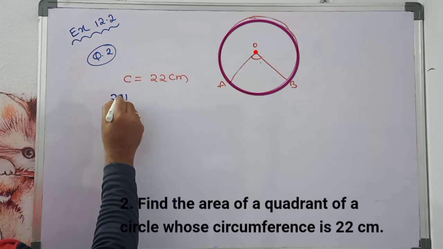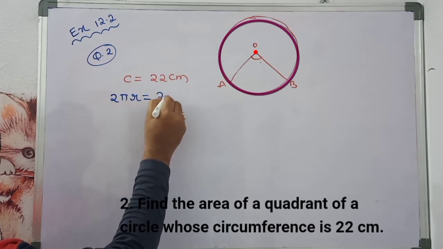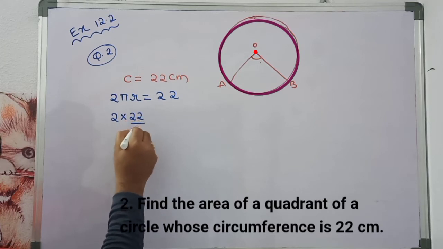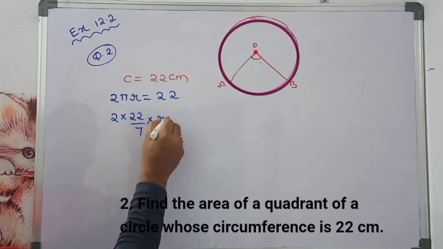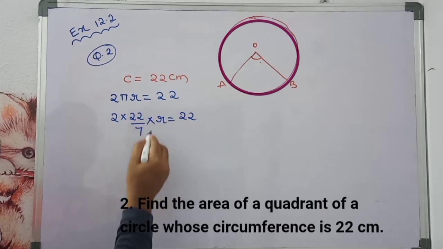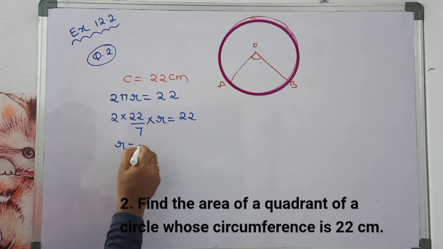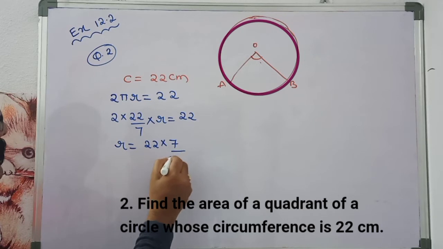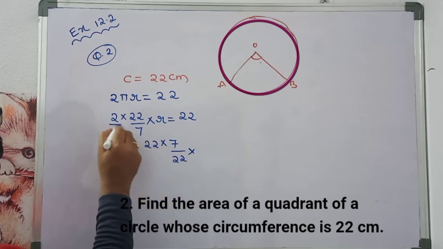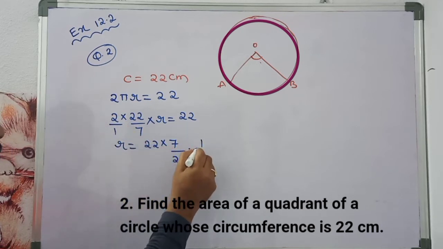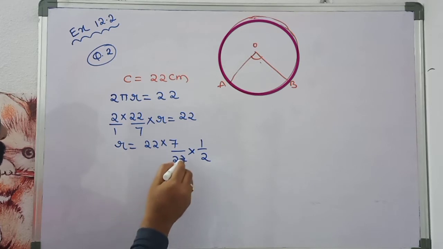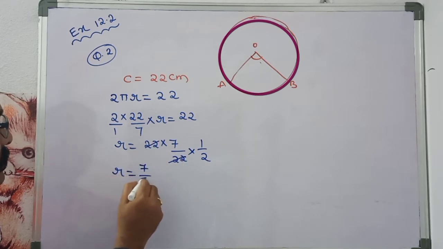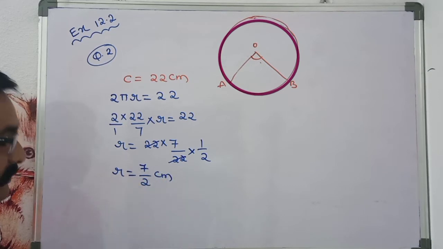Circumference of a circle is 2 pi r equals 22. So 2 into 22 by 7 into radius equals 22. From this, radius equals 22 into 7 by 22 into 2, so 22 cancels. Radius equals 7 by 2 centimeters.